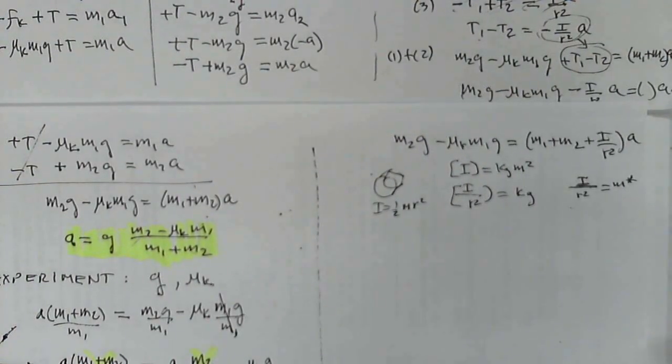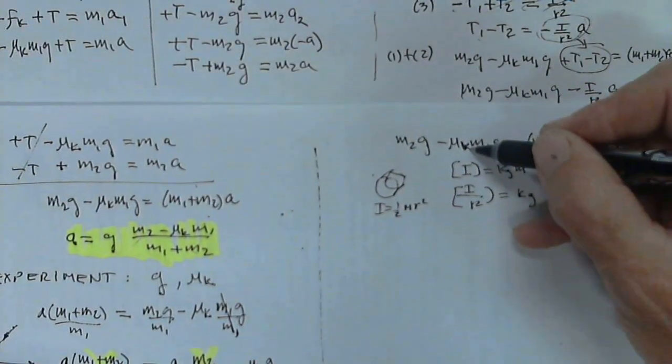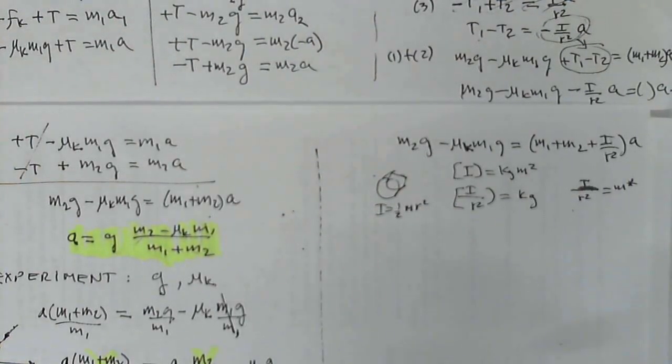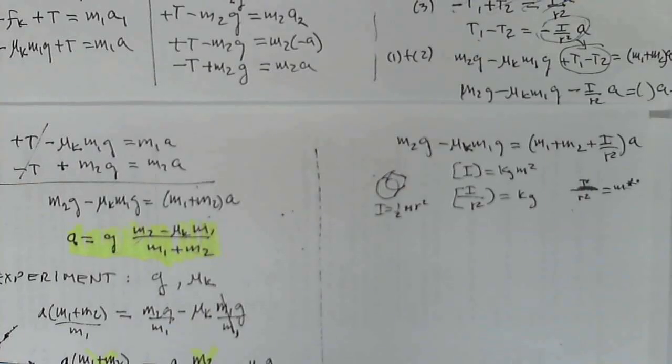So now we got 3 experimental constants: the acceleration of gravity, the coefficient of kinetic friction, and the moment of inertia of the pulley. Or this constant m star is the ratio of the moment of inertia by the square of the radius. And this is going to be your experimental constant.